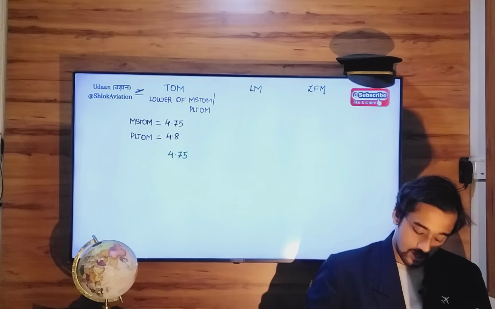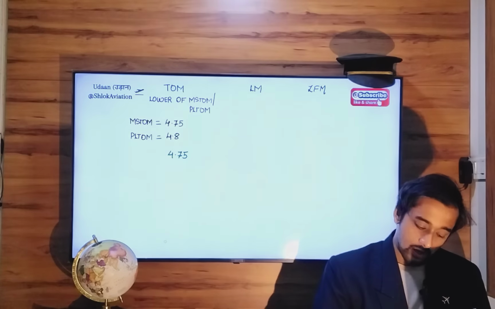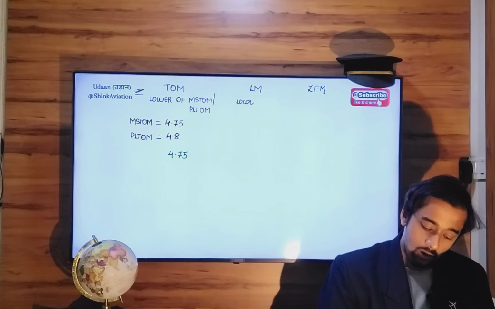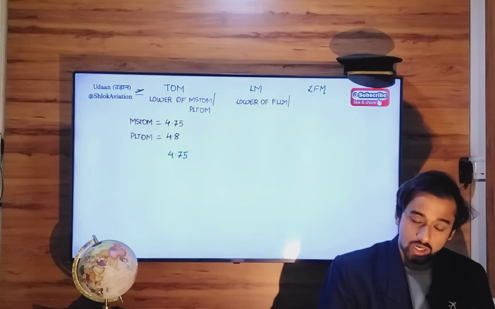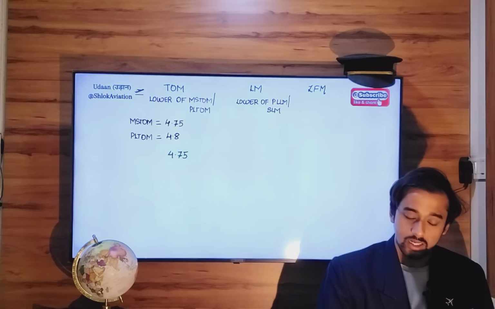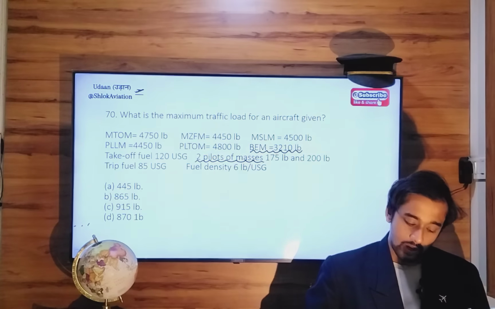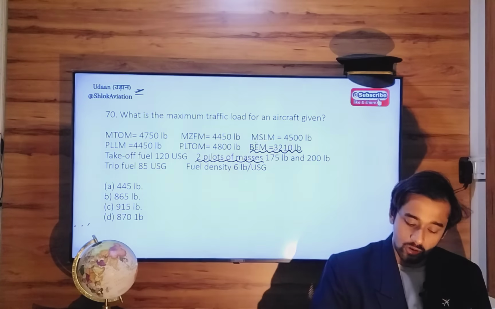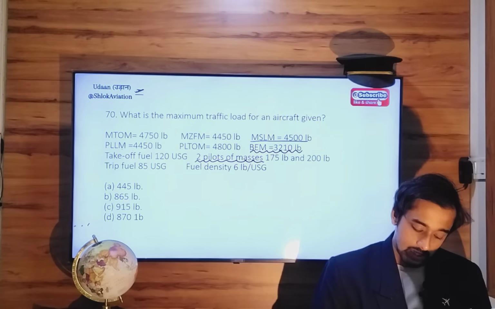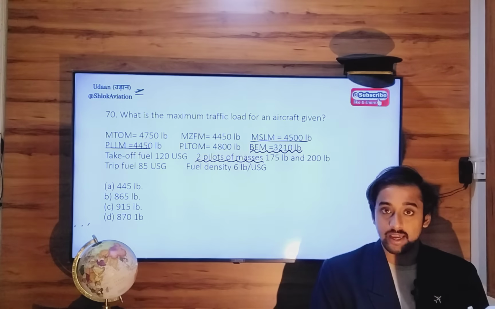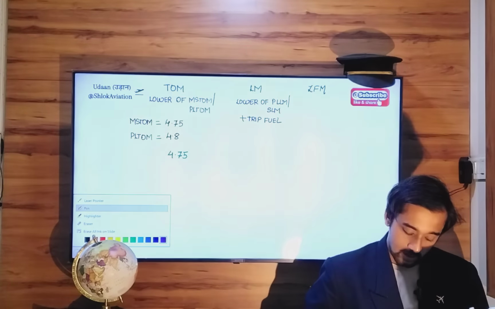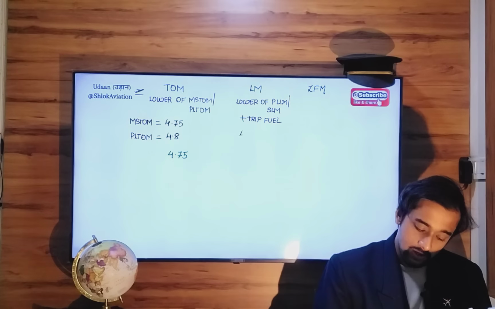So our takeoff mass will be 4.75. Now in the landing mass column, you are going to select a value which is the lower of performance limited landing mass and structural limiting landing mass, and to that you are going to add trip fuel. Between maximum structural landing mass of 4,500 and performance landing mass of 4,450, 4,450 is a lower value, so you are going to write 4.45.